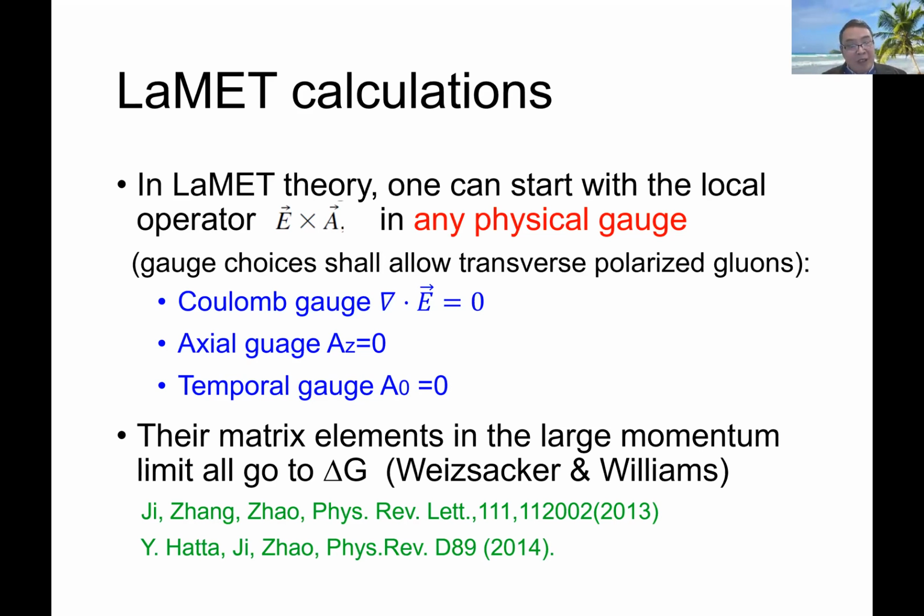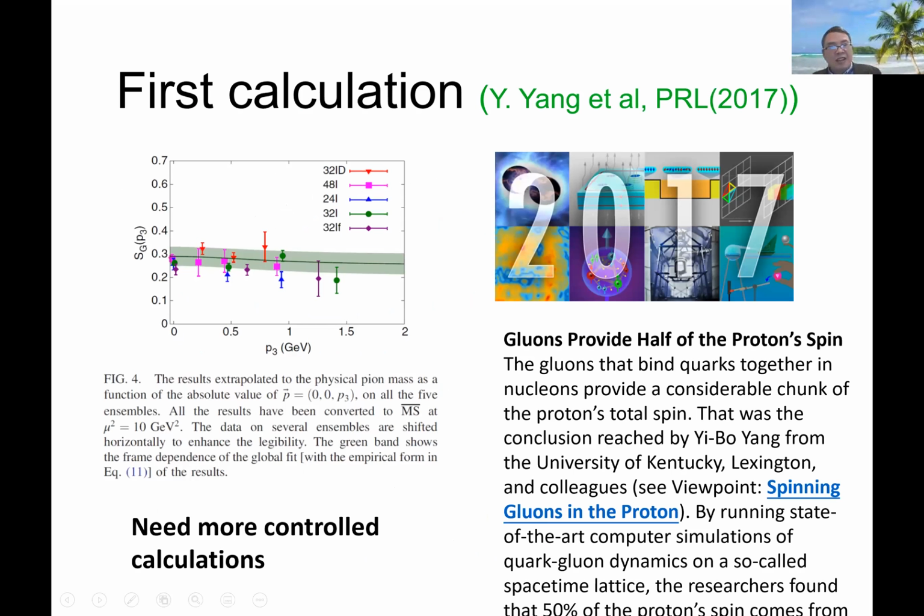I'm not going to go into technical details. In fact, this shows the universality phenomena: you can basically calculate E cross A in any kind of gauge you like, and in the infinite momentum limit, you should get the same results. And the picture is very close to the Weizsäcker-Williams picture in Jackson's textbook. And so this is the first application of this LaMET theory.